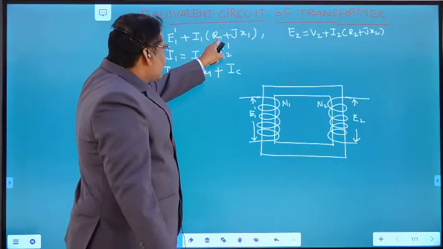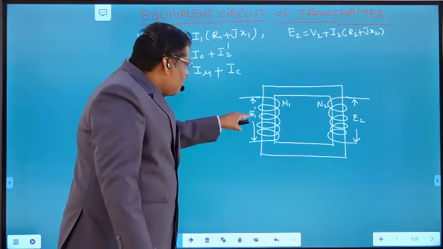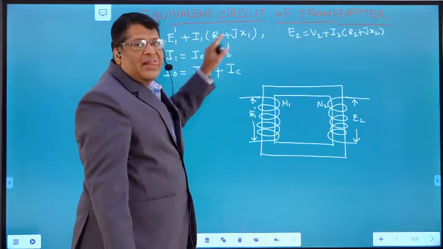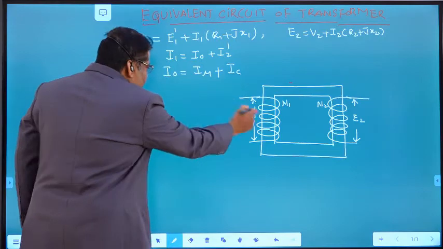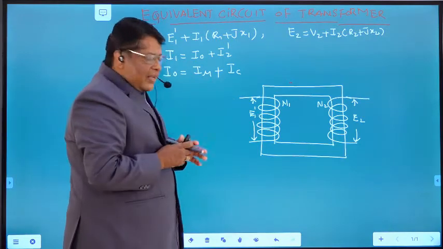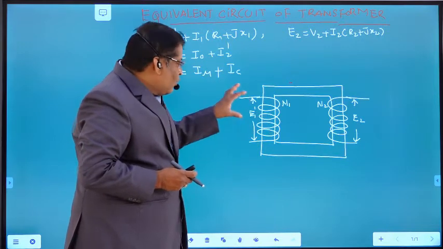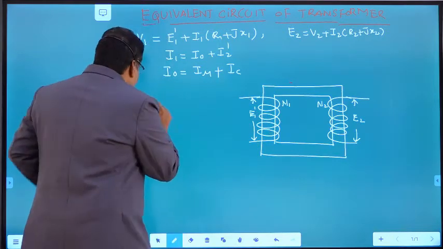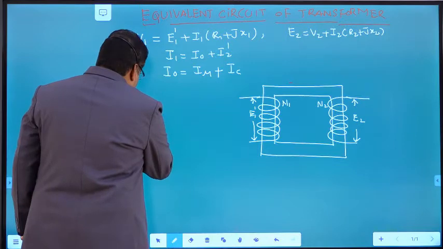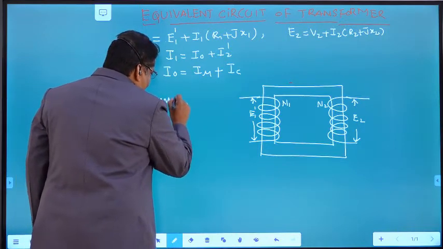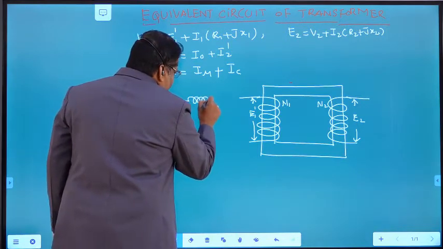From the equation we can say that the primary winding has a resistance as well as a reactance. These properties of the primary winding we represent outside the winding. Here we take the resistance, and here we take the reactance.